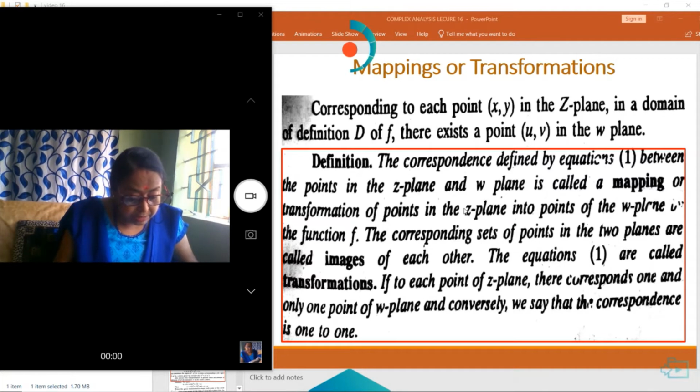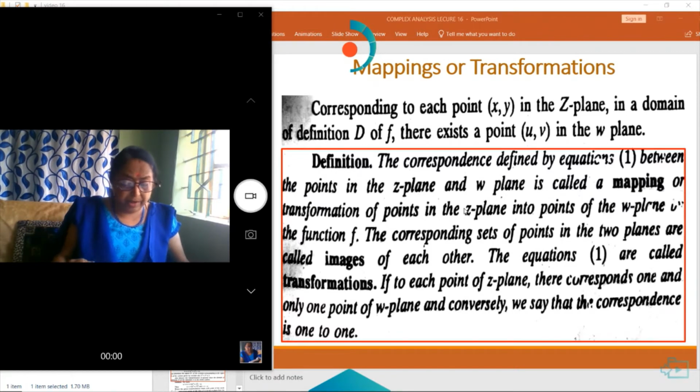Definition: the correspondence defined by equation 1 between the points in the z plane and the w plane is called the mapping or transformation of points in the z plane into points in the w plane by the function f.